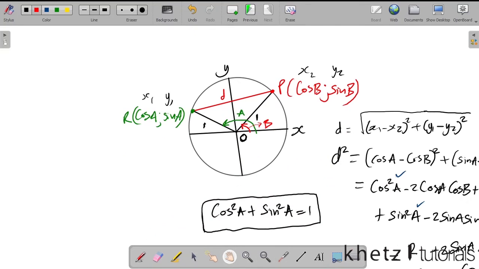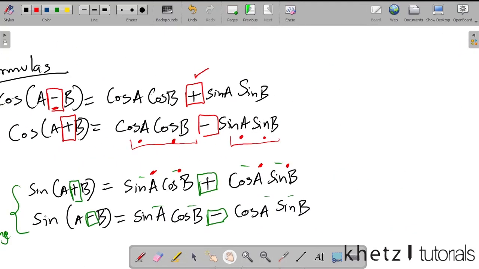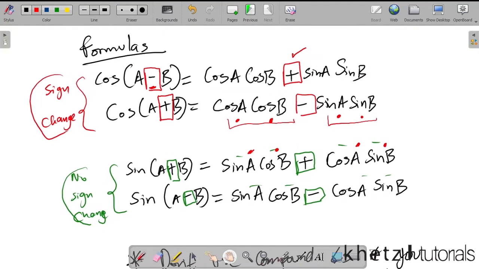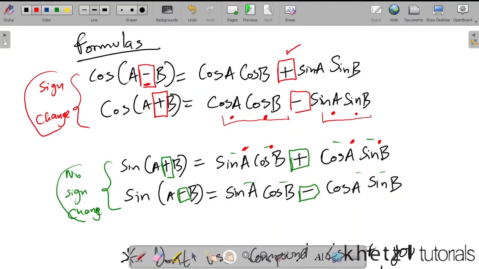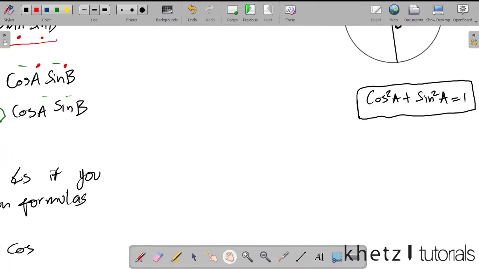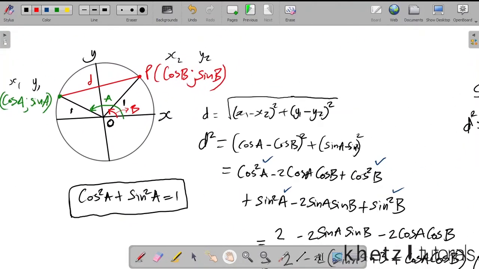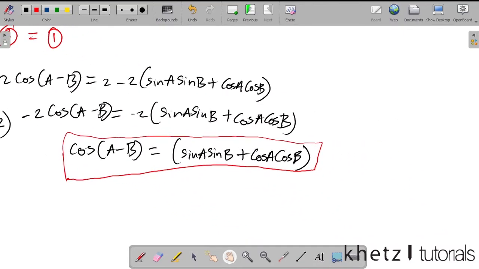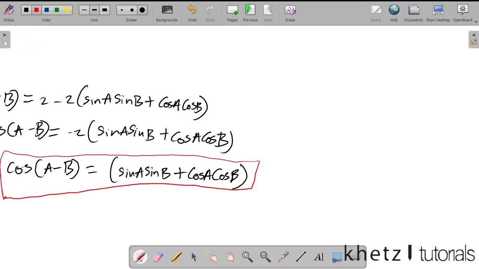So it proved that the compound angle formulas which we wrote down here are actually true. That is one out of 4 of the compound angles, so we can use this to prove the others. So let's do that quickly.